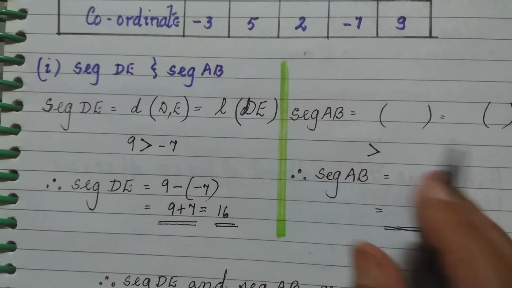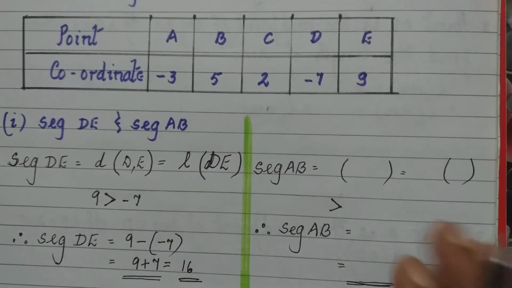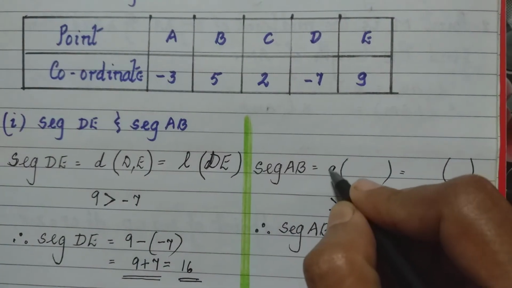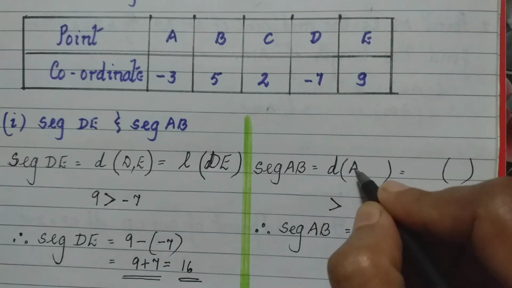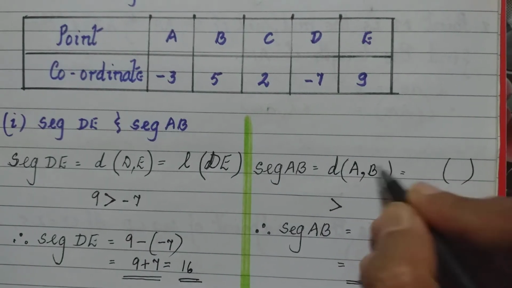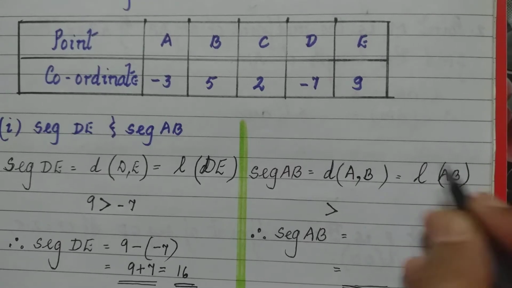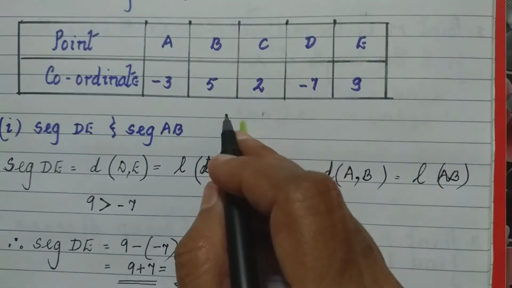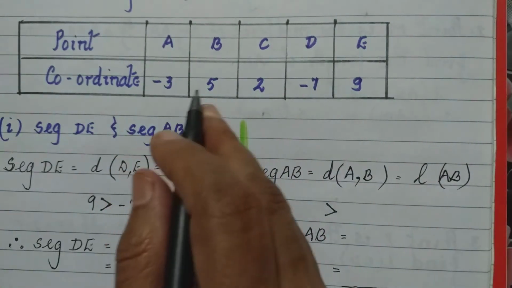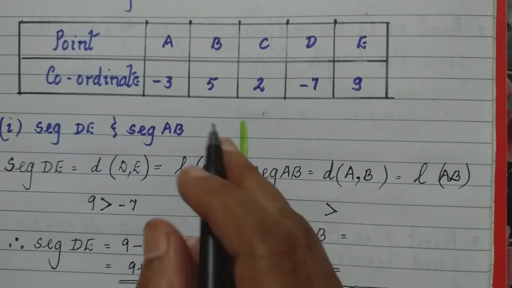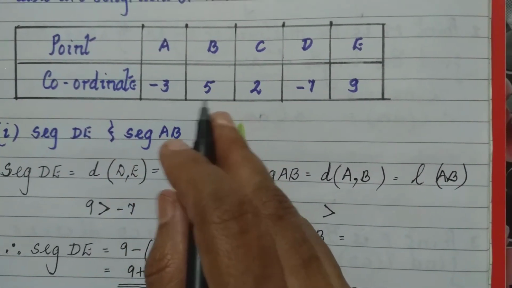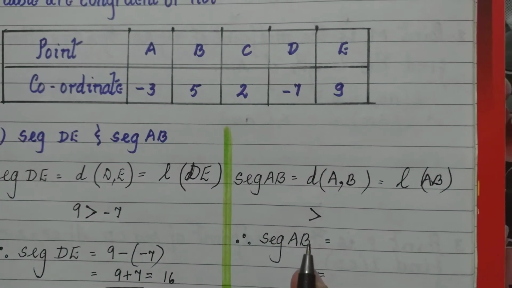Same way I have to find segment AB. Segment AB is the same as the distance between the points A and B, which is the same as the length of AB. I have to look at the coordinates of A and B. I have them as -3 and 5. Among them, the positive number is greater than the negative number.